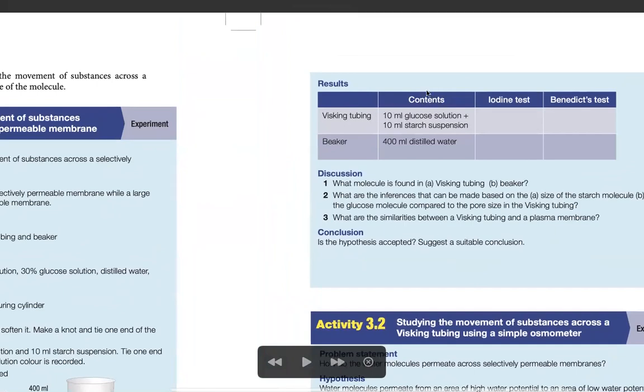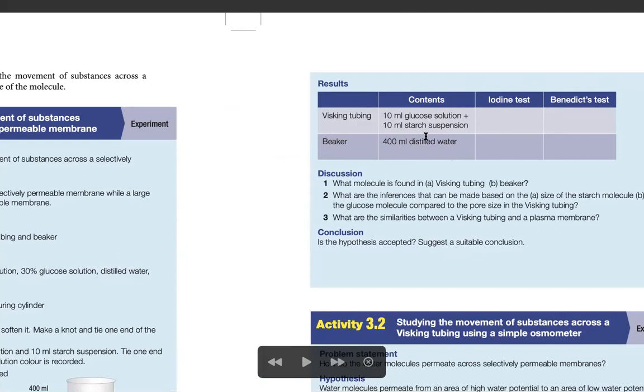This is the initial observation, yang mana kita tahu content dalam Visking tube ni kita ada glucose and starch. Content dekat beaker kita ada distilled water. So after the experiment, what will you see? Inside the beaker kita boleh cakap ada distilled water dan juga glucose solution. Tapi dalam Visking tube hanya ada starch suspension.